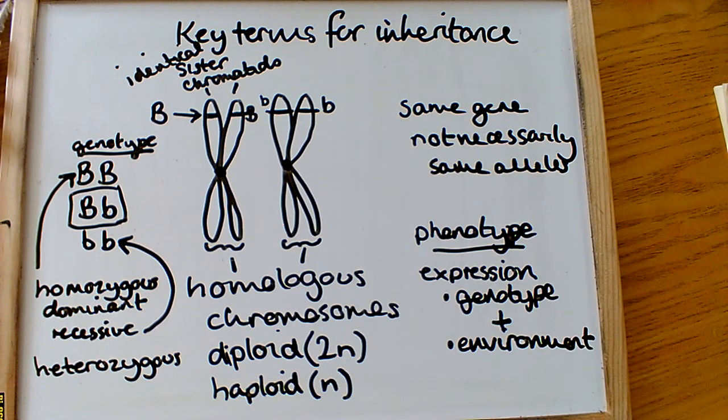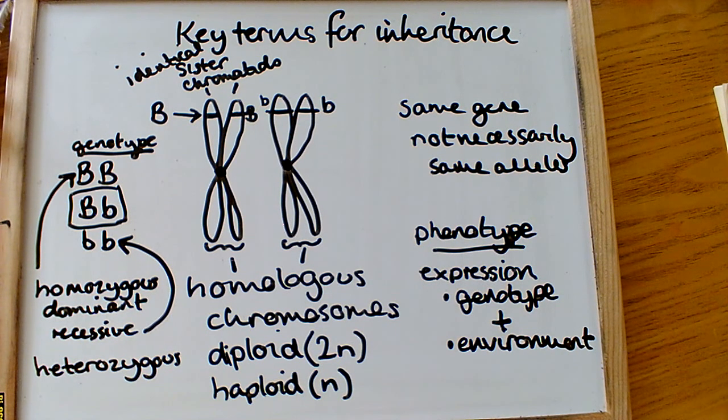What you've inherited plus the effect of your environment. It might be that you've inherited alleles that are going to give you light brown hair, but you decided to dye it red. So your expression is not just what you've inherited, it's also what you've done to yourself.